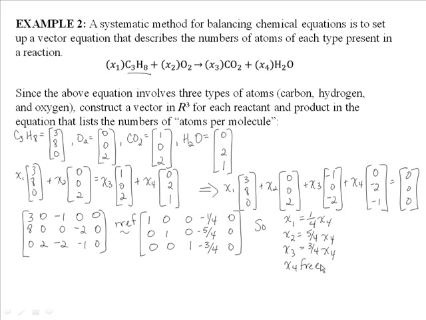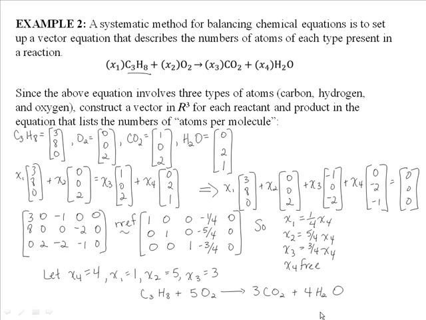Since the coefficients in a chemical equation need to be integers, we could let x4 be 4. And then when we substitute it in, we will end up with x1 being equal to 1, x2 being equal to 5, and x3 being equal to 3. And we would get the following chemical equation.